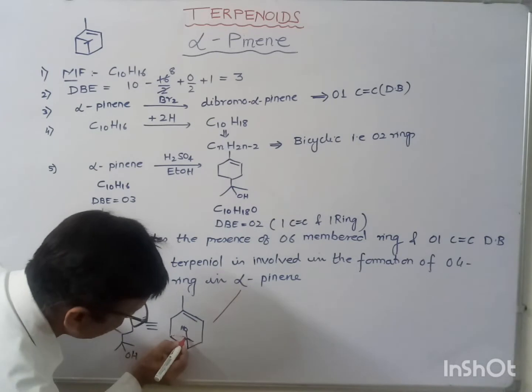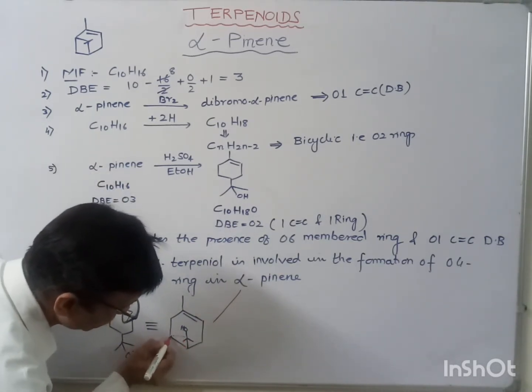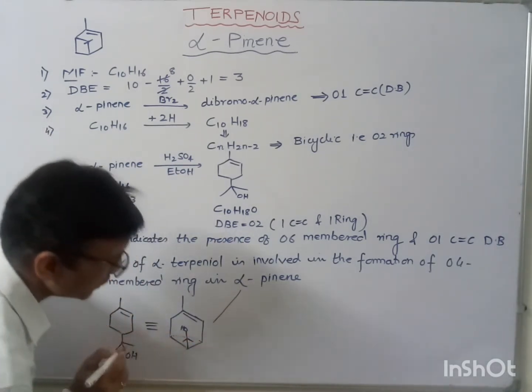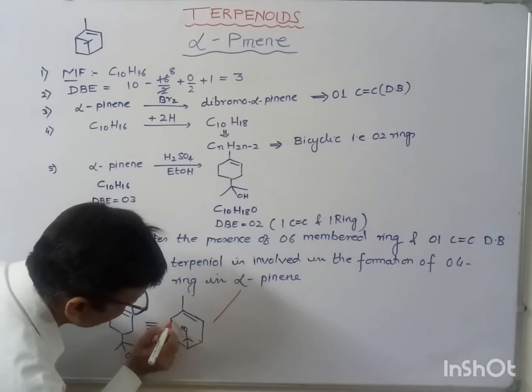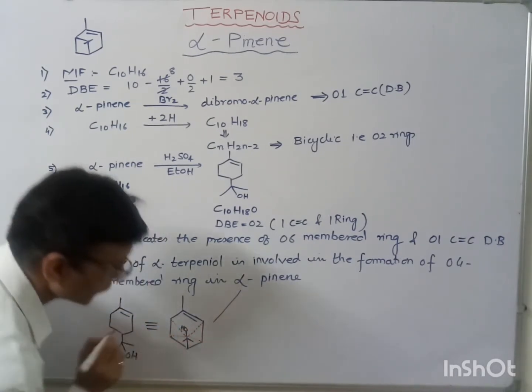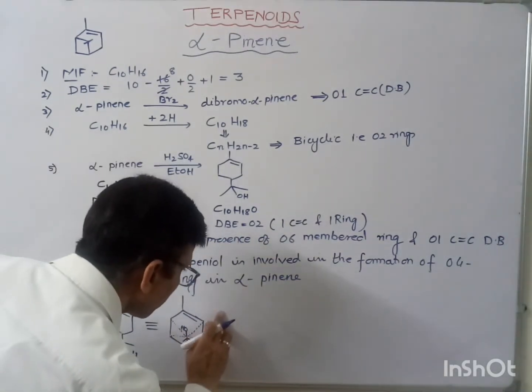After the removal of OH, one ring may be formed from this carbon, another ring using this carbon, the next ring using this carbon, and the next one using this carbon. Let's see how.